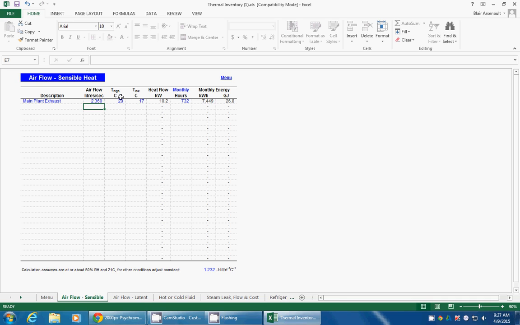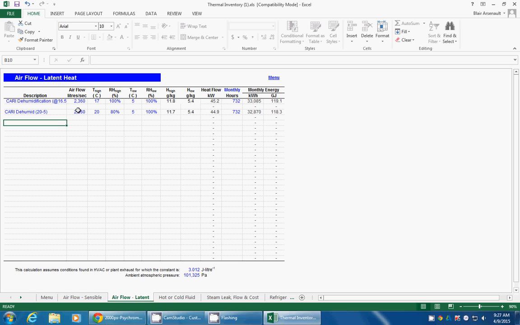Well, no, it's 80%. So let's just go with this one, because this makes the most sense. This is what we're actually doing. We're going from 20 degrees C, 80% relative humidity, and 5 and 100.